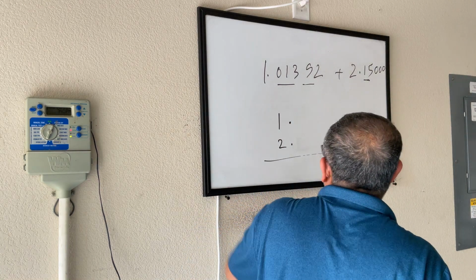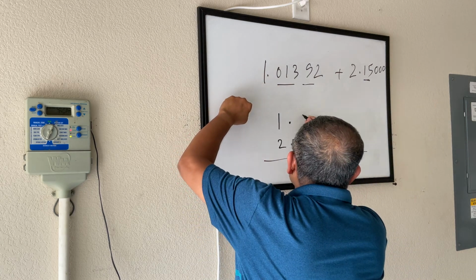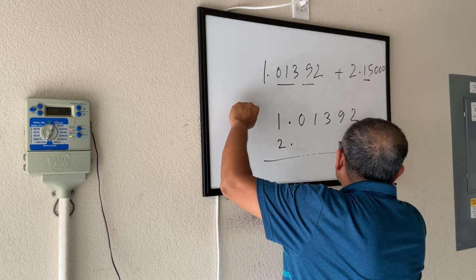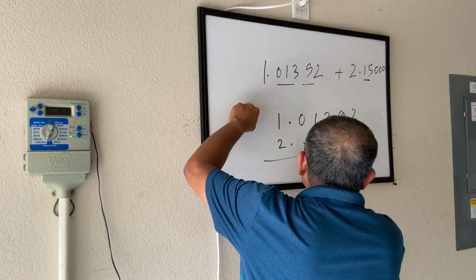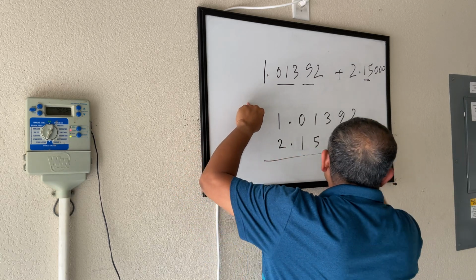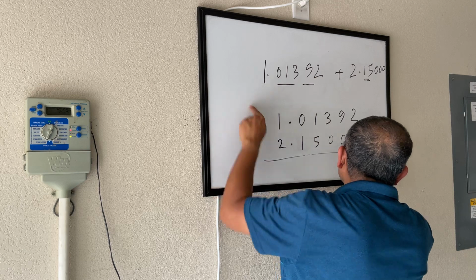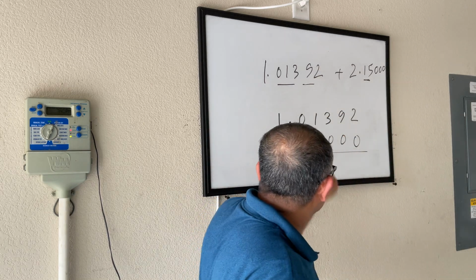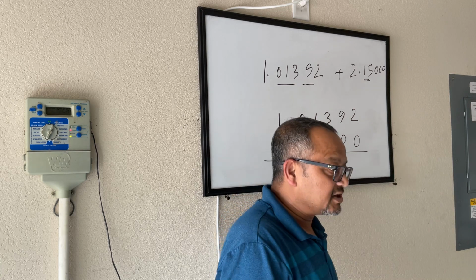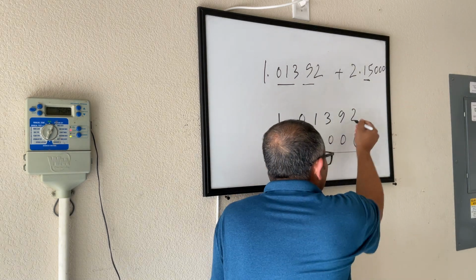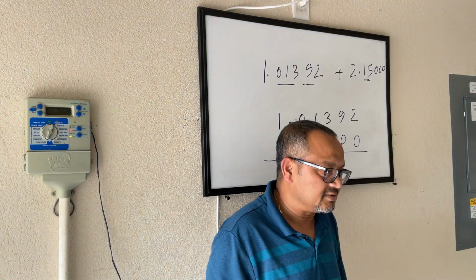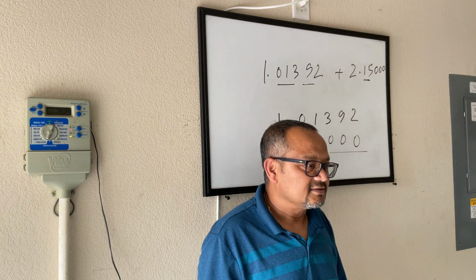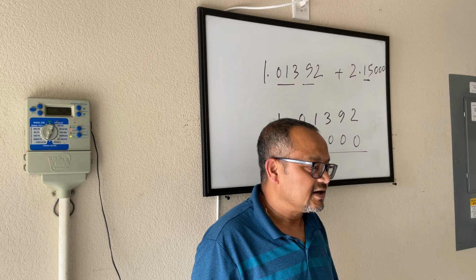So now I will use my paper in a much cleaner way, keeping enough space between the numbers and making sure that they look very aligned. By looking at this one, I know that this 1 and 5 are to be added together. I'm not going to add this 5 with 2. There's no confusion here. So when you write it neat and clean, your job becomes easy.